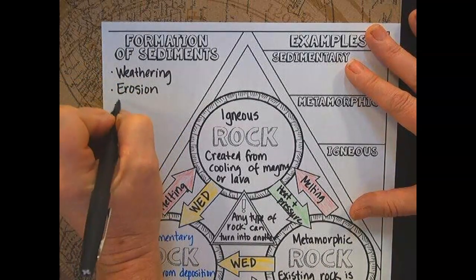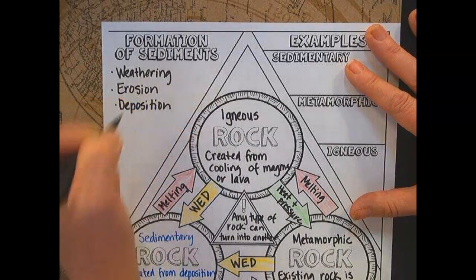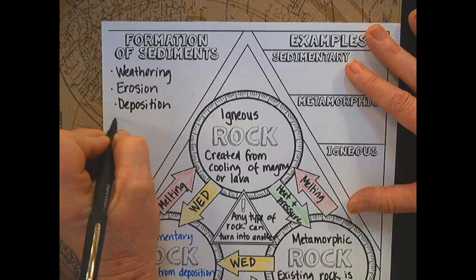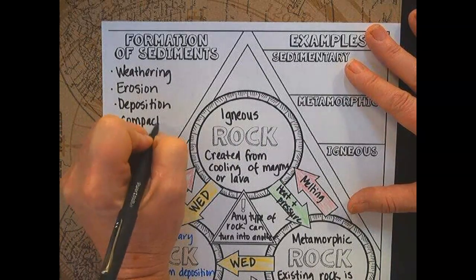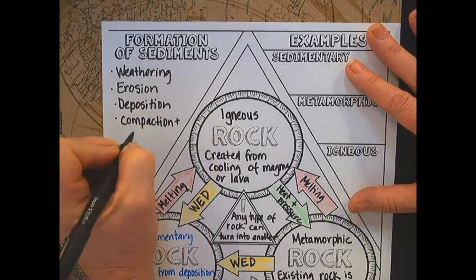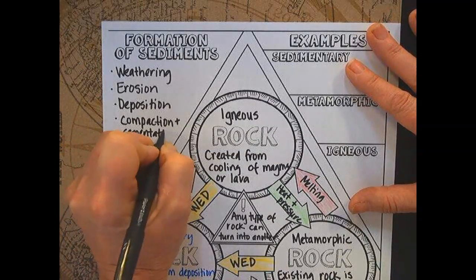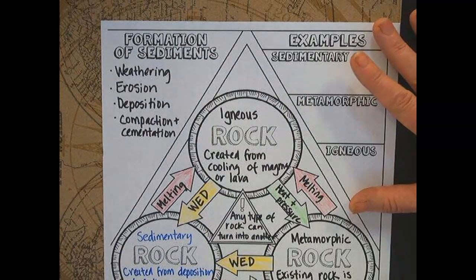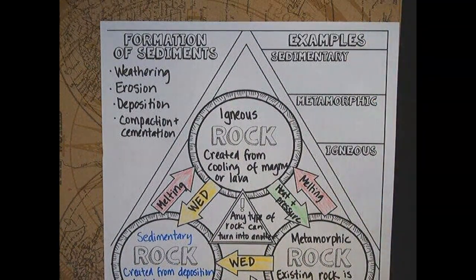We know that deposition is going to deposit it. And I would also say that it can then be compacted. So compaction and cementation. These are all ways that we can form that sediment, which becomes really important for that sedimentary rock.